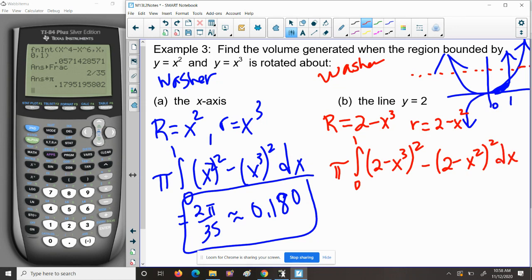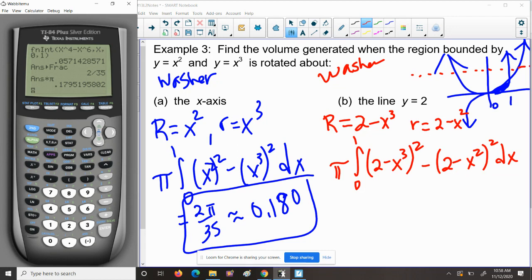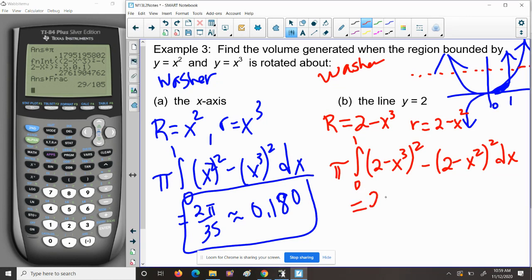Okay, let's go to our calculator. Let's get our integral. We want to do (2 minus x cubed) all squared minus (2 minus x squared) all squared, comma, x, comma, 0, comma, 1. Okay, as a fraction, this is 29 pi over 105.